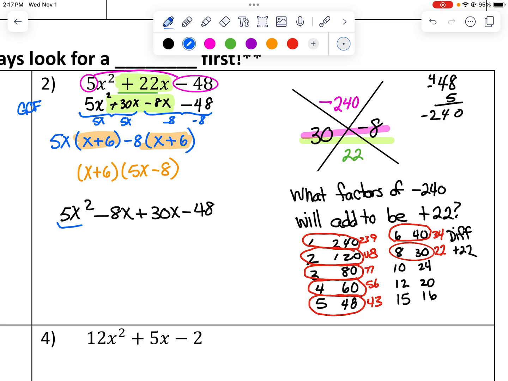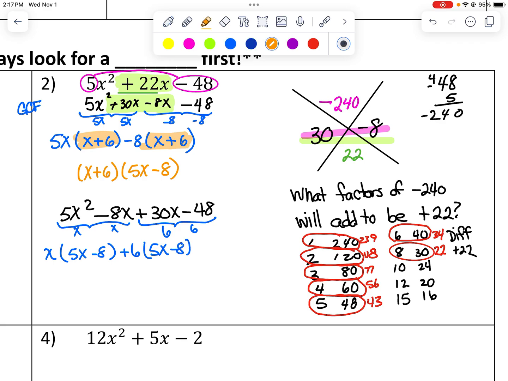Now this is our pair, and this is our pair. 5x squared and negative 8x only have x in common, so if we pull an x out, we are left with 5x minus 8. And 30 and 48 have 6 in common, so if I divide 6 out, I'm left with 5x minus 8.